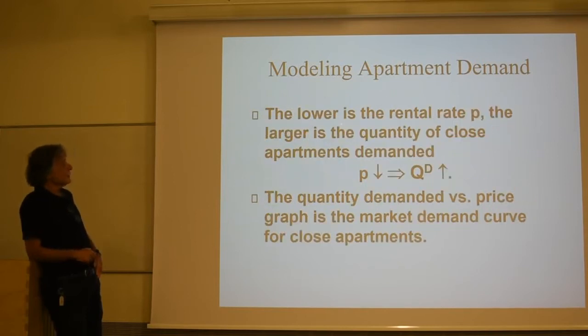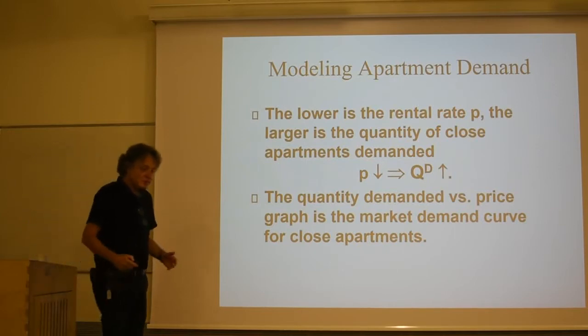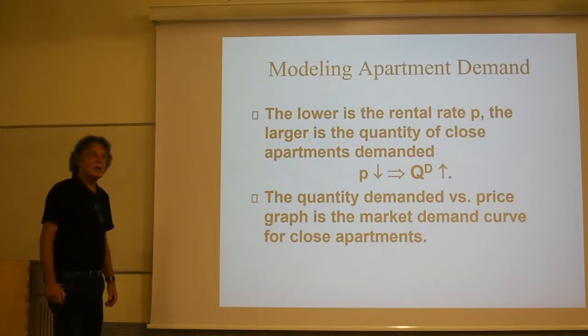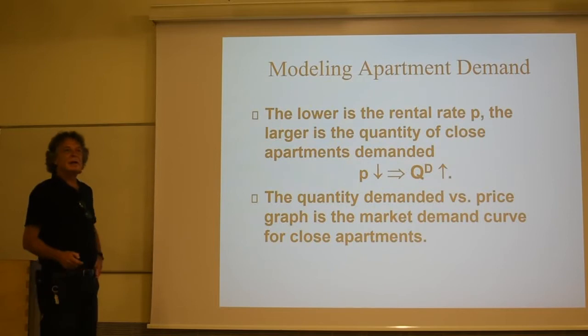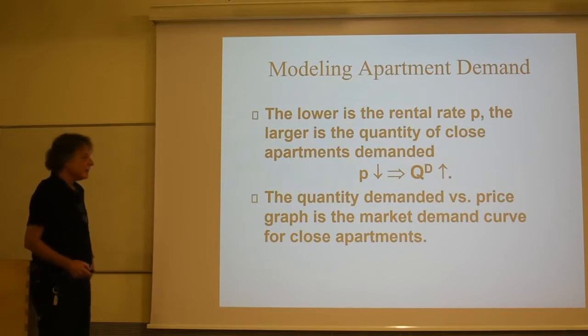The lower the rental price, when you go down and down, the larger the quantity of closed apartments demanded. Namely, once you start reducing the price, more and more people will find it attractive, because it will start being less than or equal to what they are willing to pay.